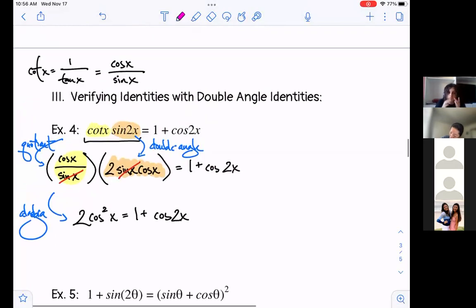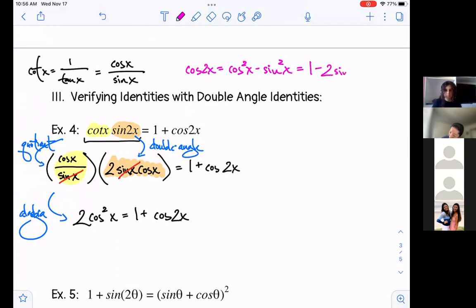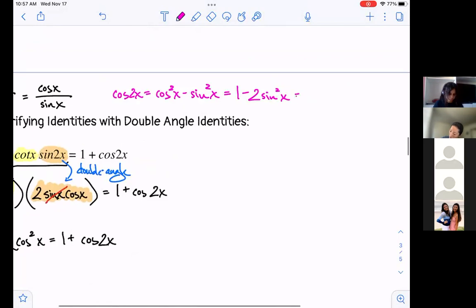Of those 2, let's write those down. So cosine 2x is cosine squared x minus sine squared x. That's one of them. I have 1 minus 2 sine squared x, and I have 2 cosine squared x minus 1.